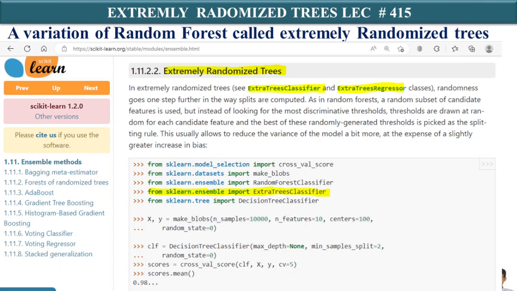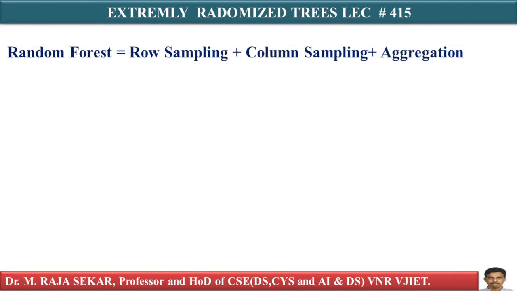There is a certain difference between extremely randomized trees and random forest. In random forest, we perform column sampling, row sampling, and of course aggregation.